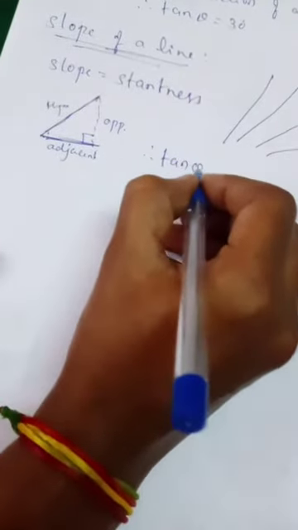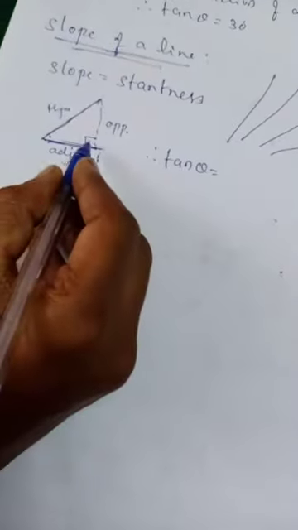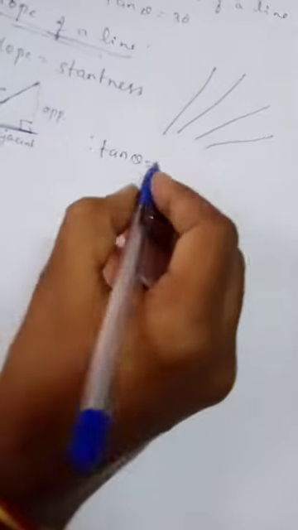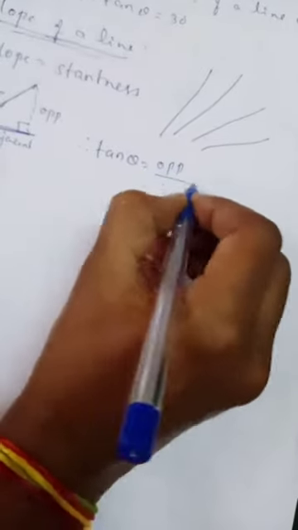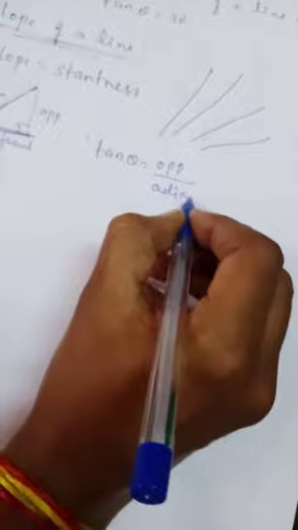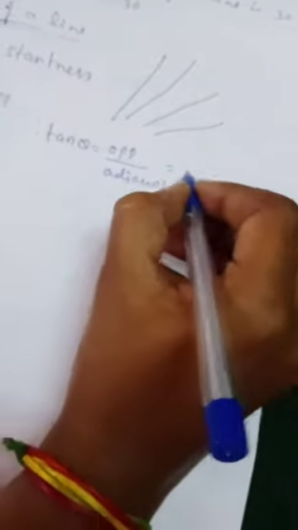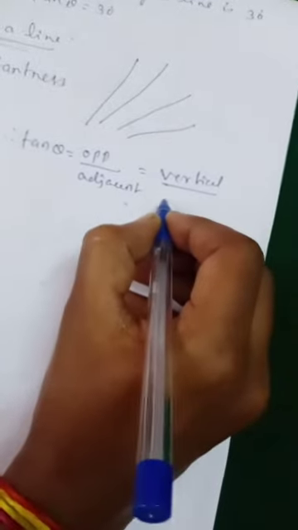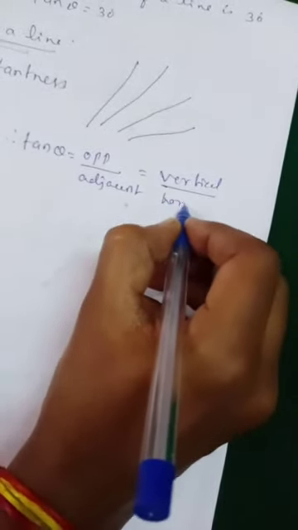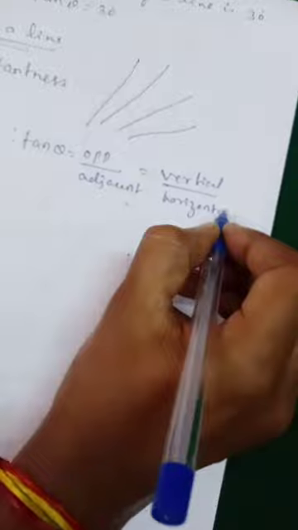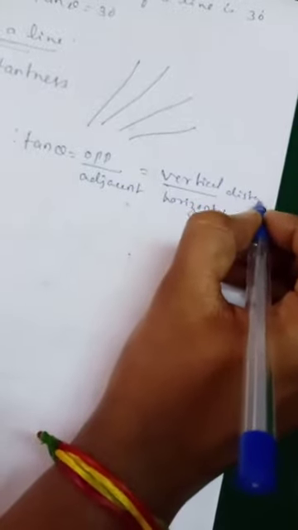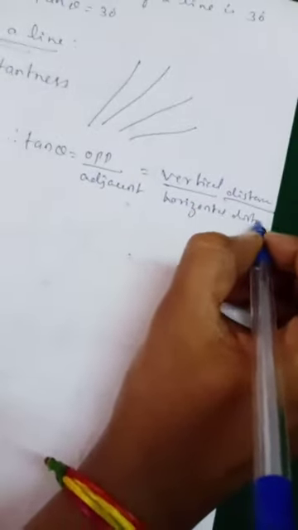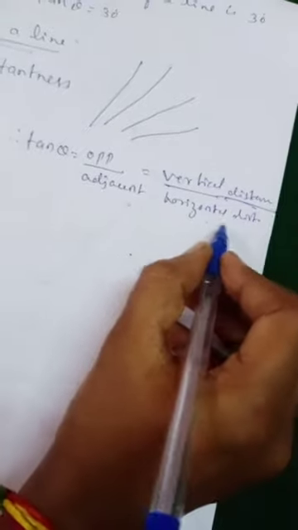Tan theta is opposite by adjacent, which is vertical distance by horizontal distance.